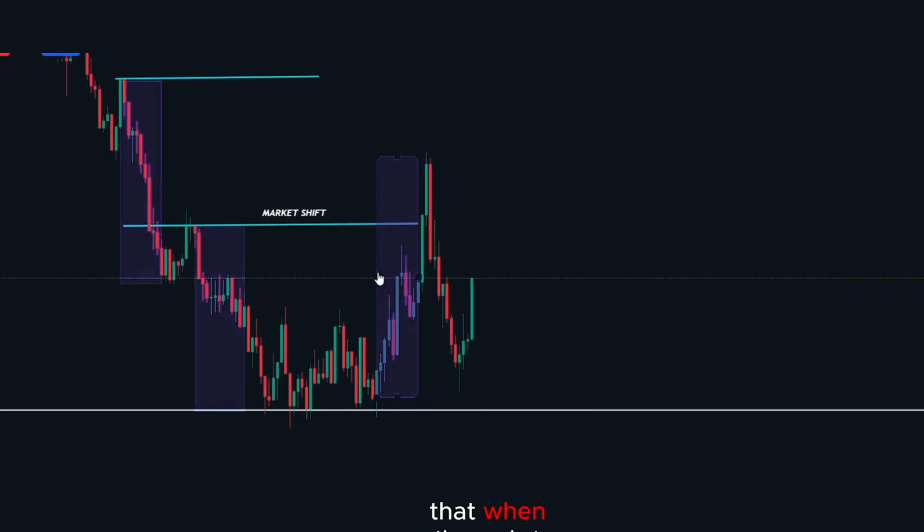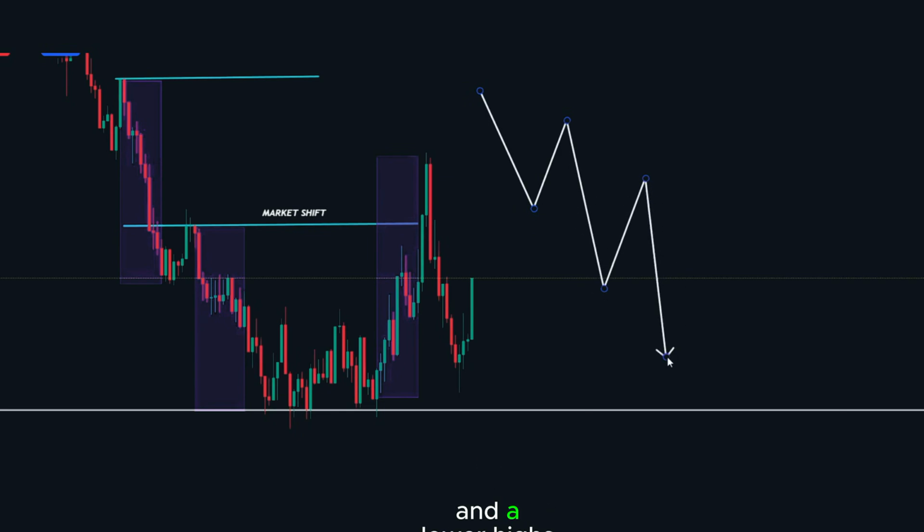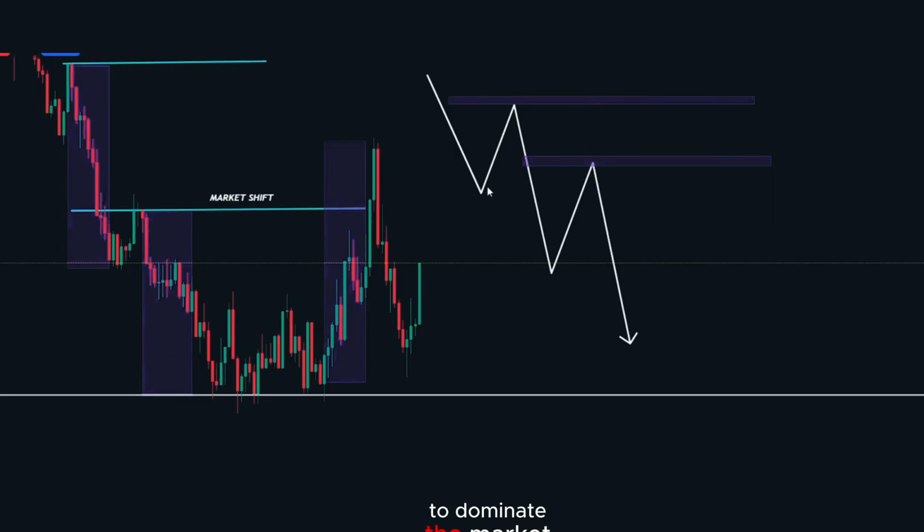You know that when the market is in a downtrend, you'll see that the market is creating a series of lower lows and lower highs, lower lows and lower highs. So when any of the highs here is violated, it means that the sellers have become weak, and the buyers want to dominate the market.